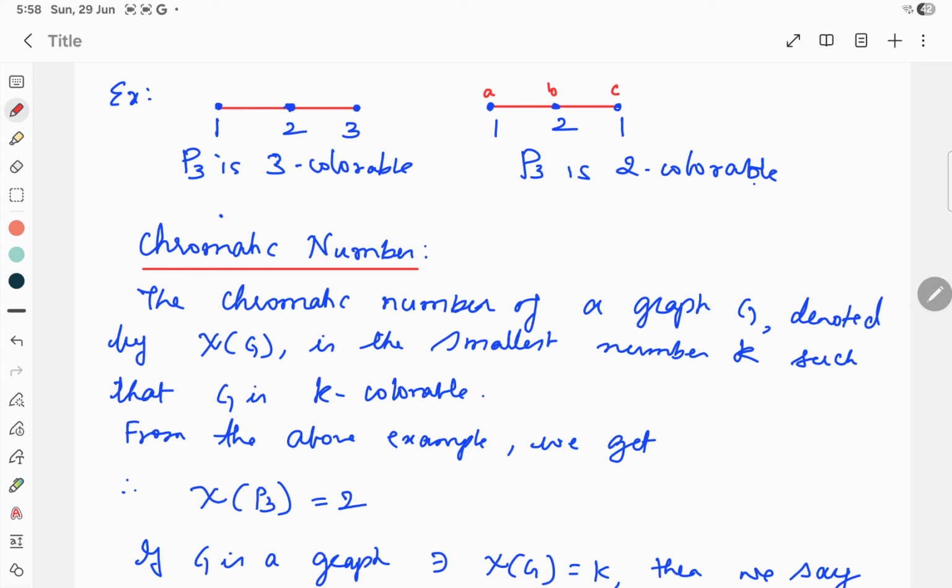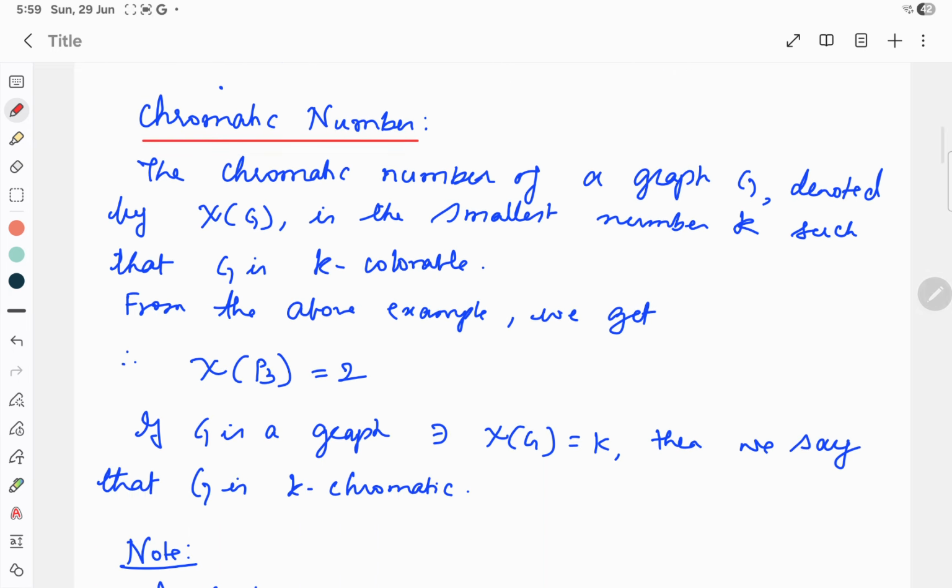So it cannot be 1 colorable. You cannot use only one color to color these. It's not a proper coloring. So it is both 3 colorable and 2 colorable, but out of 3 and 2, 2 is minimum. So therefore the chromatic number of P3 is 2.